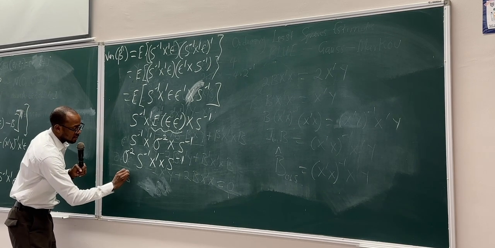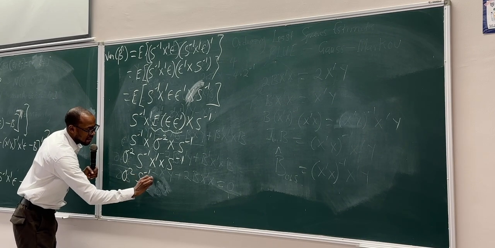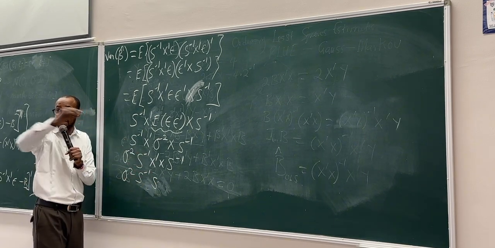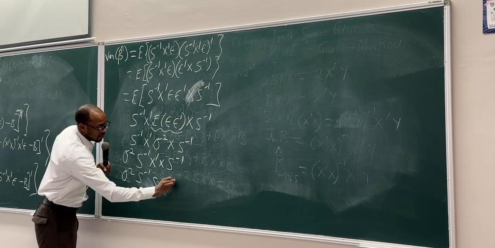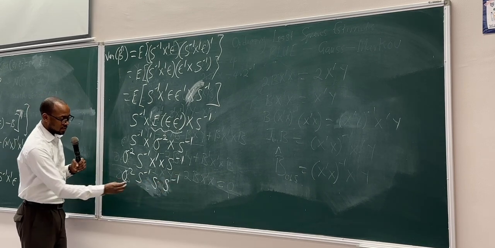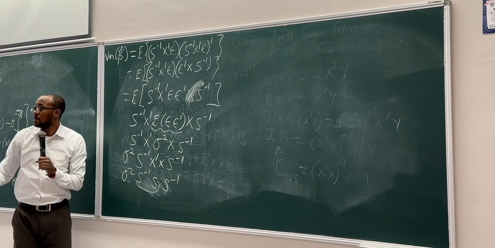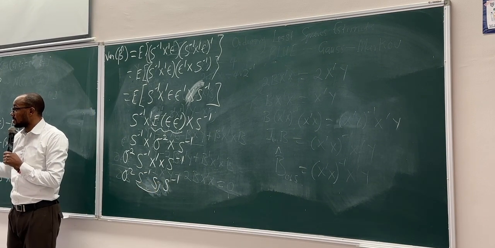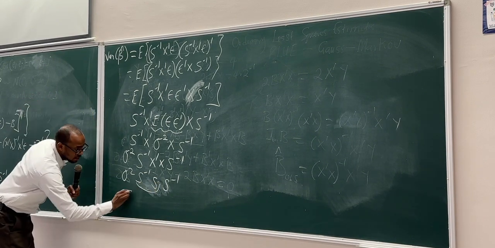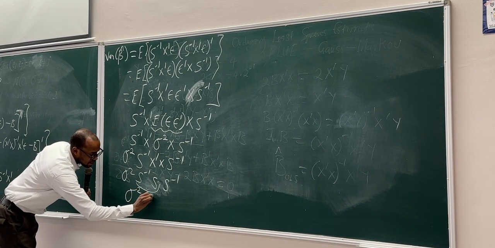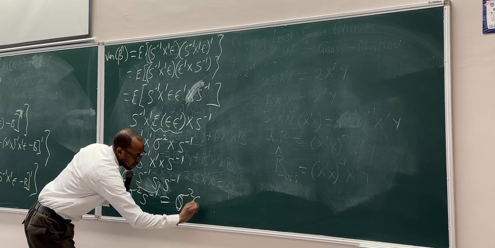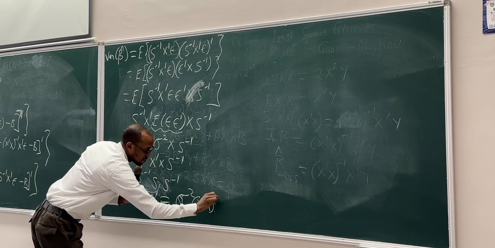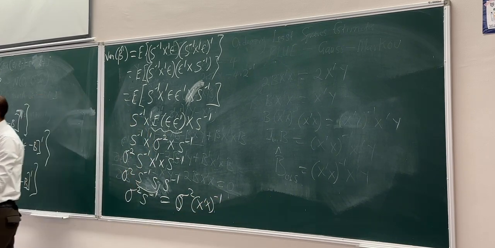Remember that X prime X we defined already to be X, right? And then we have X inverse. So what happens? These two become the identity matrix. So what are we left with? Sigma squared X inverse, which is the same as sigma squared X prime X inverse. That is the variance.